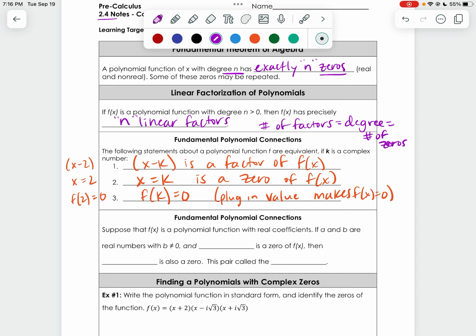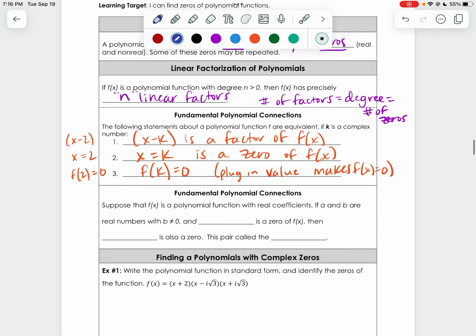Okay, so some connections. Suppose that f of x is a polynomial function with real coefficients. If a and b are real numbers with b not equal to 0, and a plus bi is a zero of f of x, then a minus bi is also a zero.